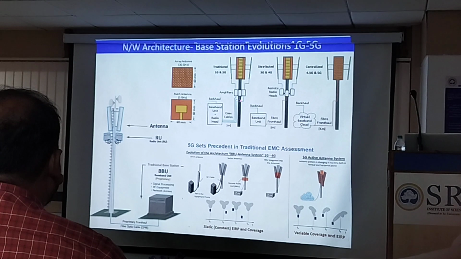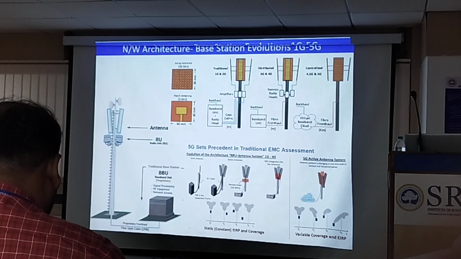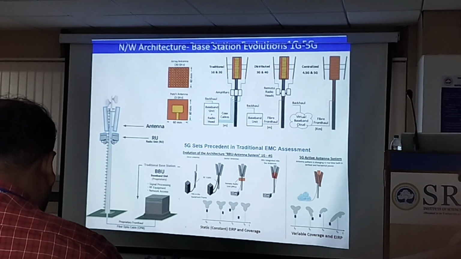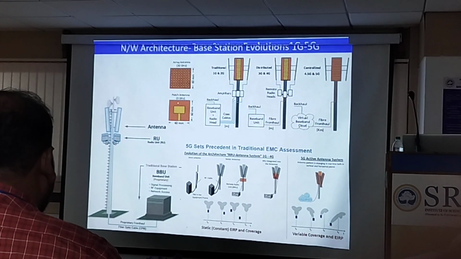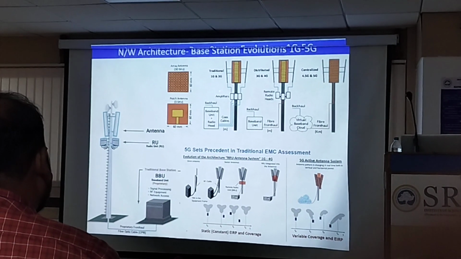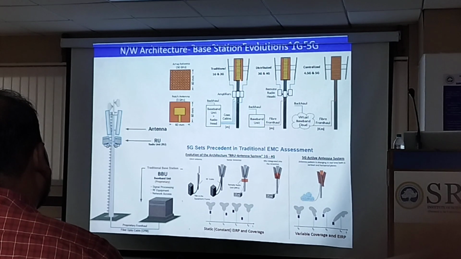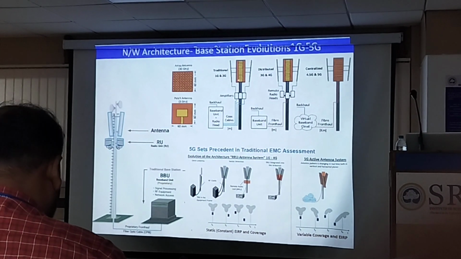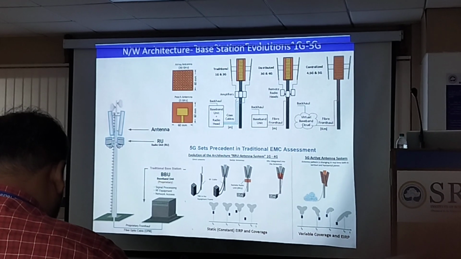In 2G you have a baseband unit and radio remote heads, and along with the BBU and the RRH, the core network is also sitting on the ground floor. This is the tower, and this is your amplifier to give an amplified signal to the antenna, a traditional antenna for 1G and 2G. From here to here, this blue line is a coaxial cable.